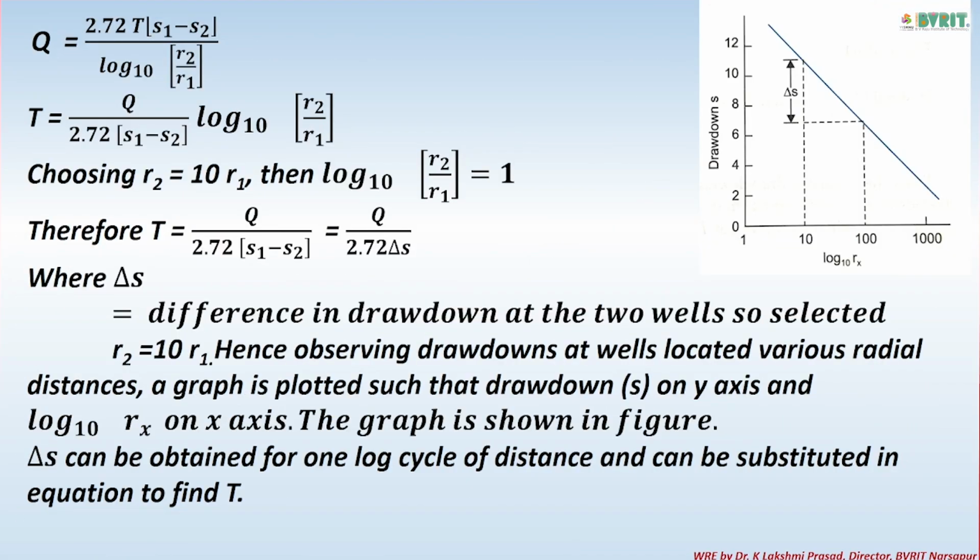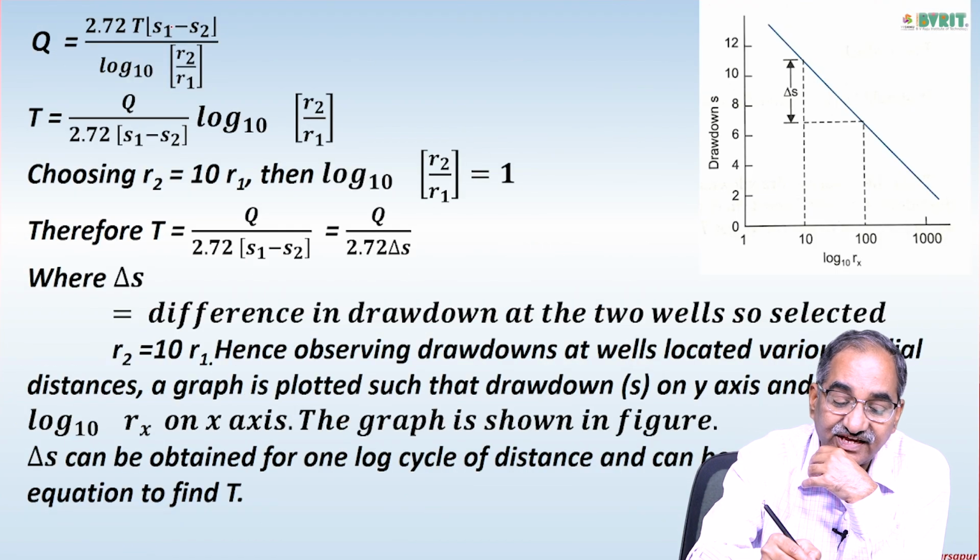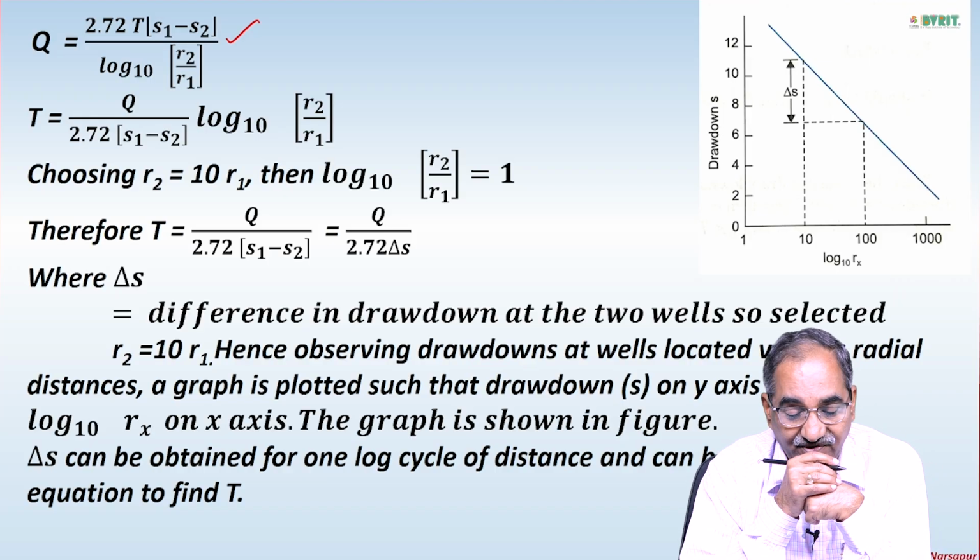That is the basic thing you will do. Instead of H2 minus H1, why don't you write it in terms of drawdown, S1 minus S2? That is what I have put in the equation: Q equals 2.72 T into S1 minus S2 divided by log R2 by R1 to base 10.